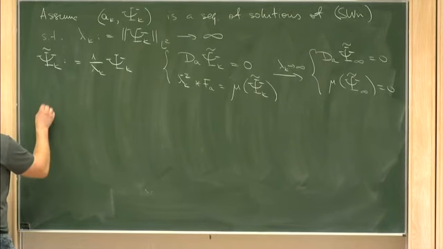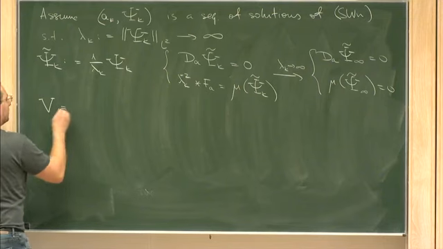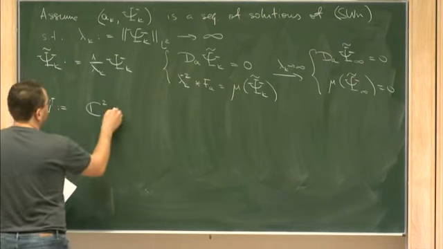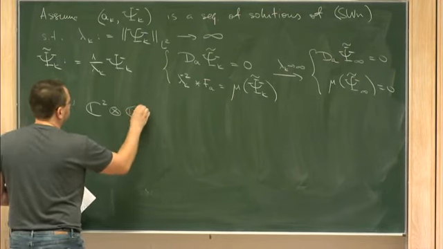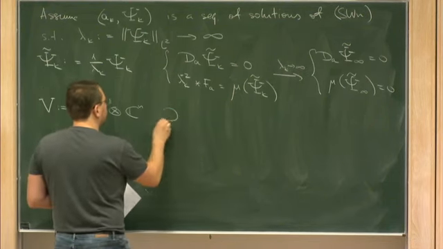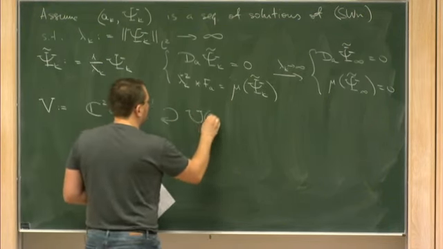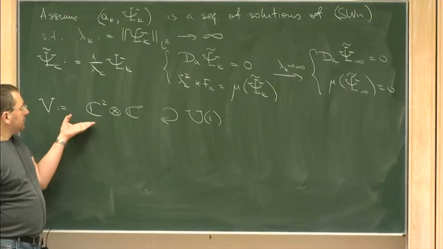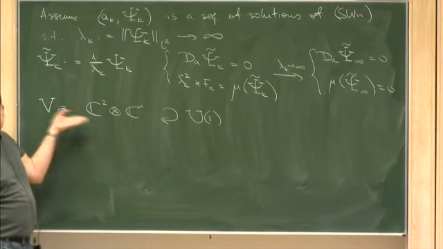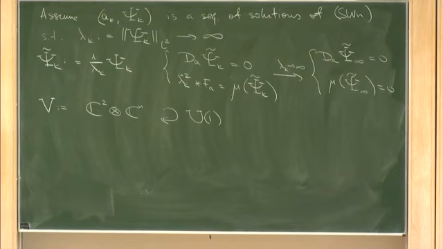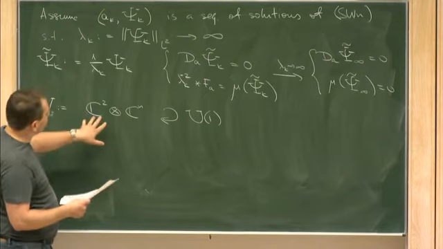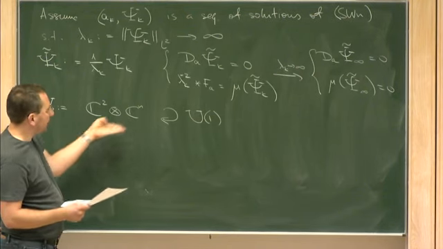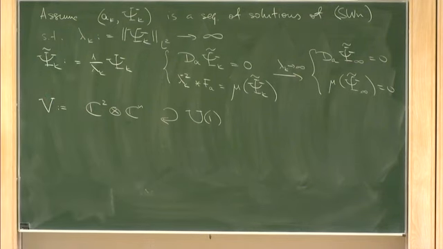So what I do, I start with V to be C^2 tensored with C^n, and here I have an action of U1. So the action of U1 is given by just multiplication on one of the components. So meaning that if you represent the space as C to the power 2n, it acts diagonally on each component.